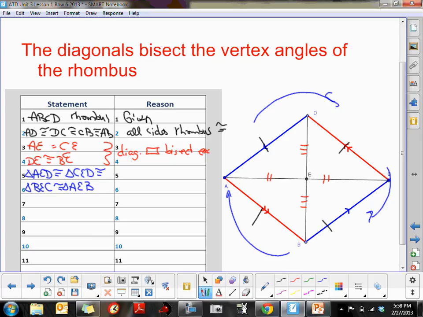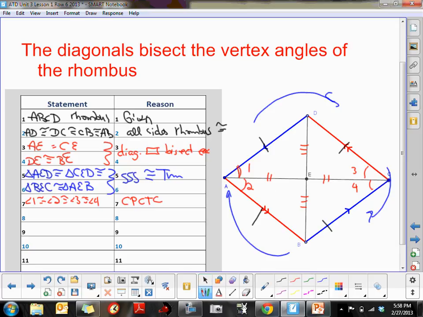Now these triangles are all congruent for the exact same reason, because we have proven that they are congruent by the side, side, side congruency theorem. Now what's important about that is that we can now identify their corresponding parts. This angle here corresponds to this angle here in the triangle, and it also corresponds to the angles over here and here. Those angles, whatever we're going to call them, angles 1, 2, 3, 4, have to be congruent by CPCTC.